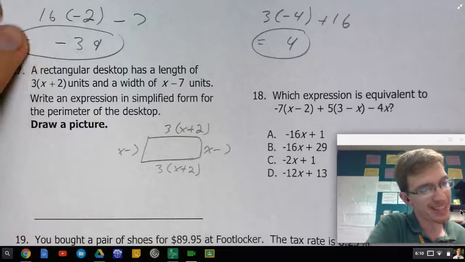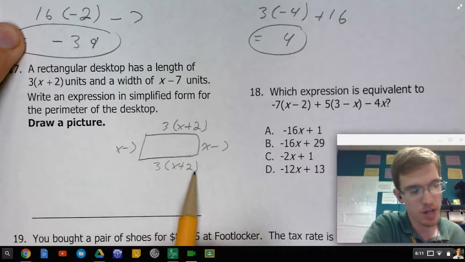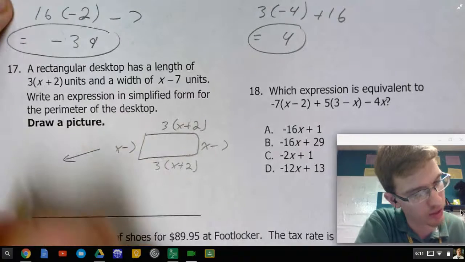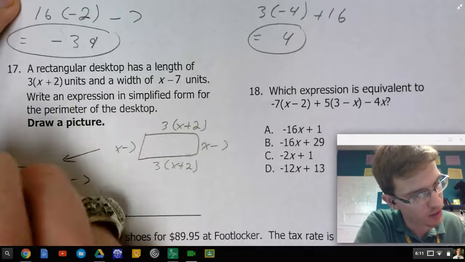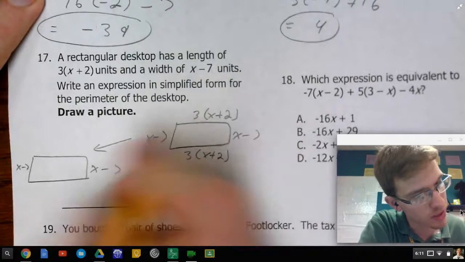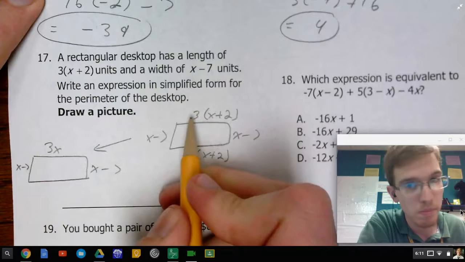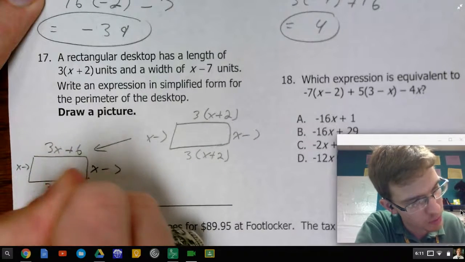So we need to figure out what these sides are. Well, this one, if I distribute this right here, I'm going to draw a second picture over here. We have x minus 7, x minus 7. But if you distribute this, you get 3x plus 6. That means both sides are 3x plus 6.